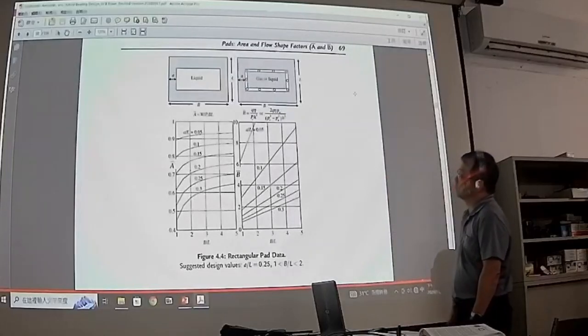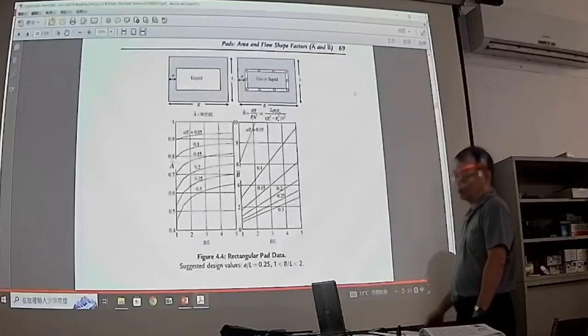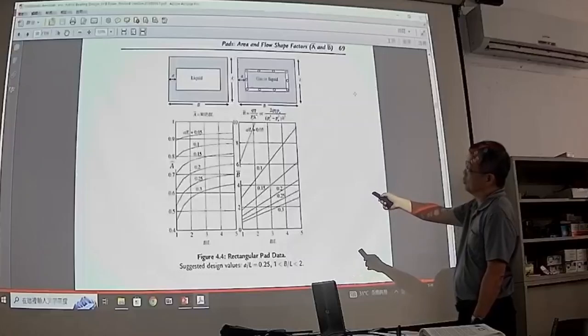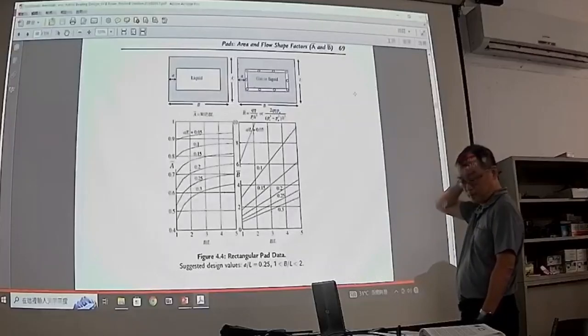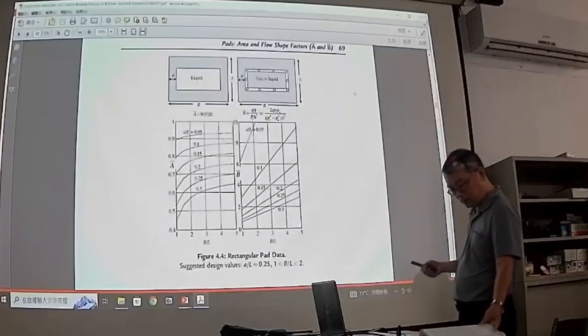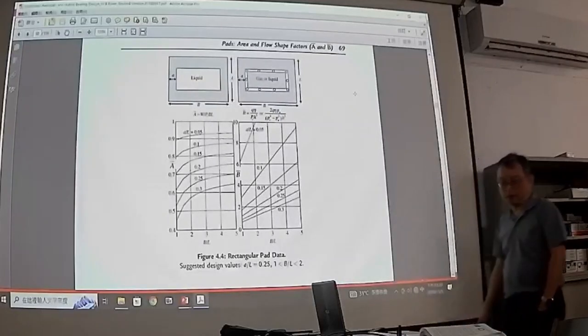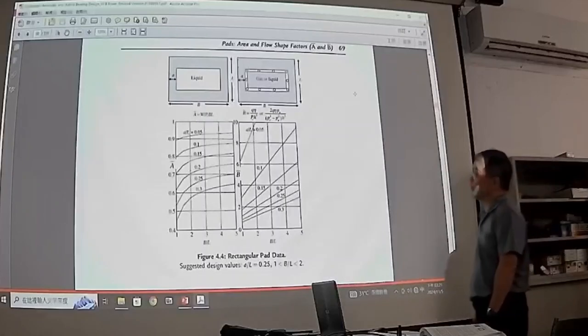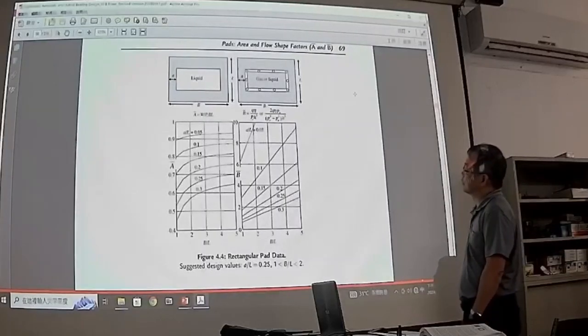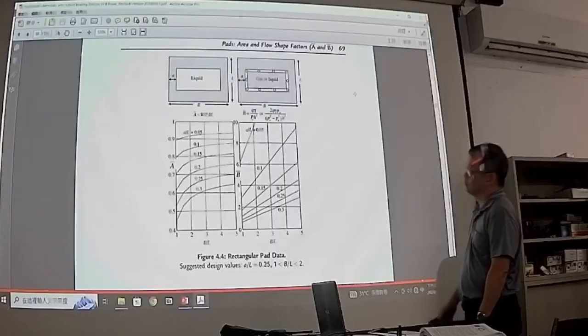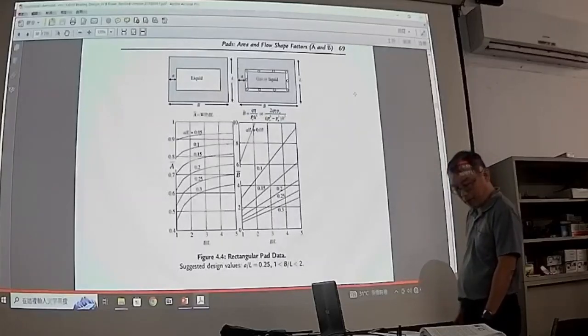So you can check on this for the A bar and B bar, the area factor, area shape factor and flow shape factor.